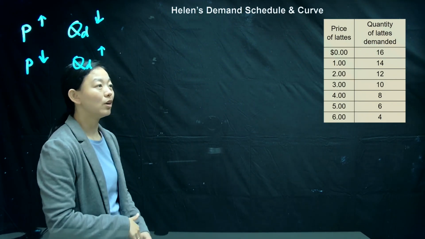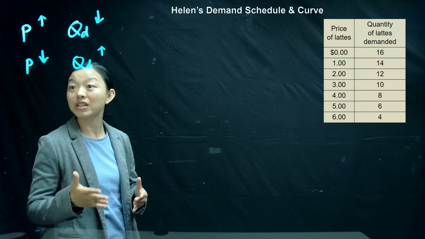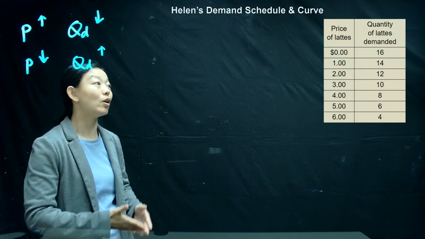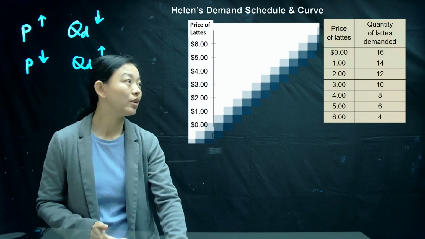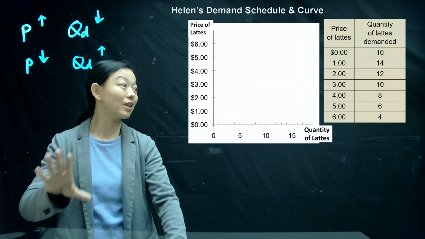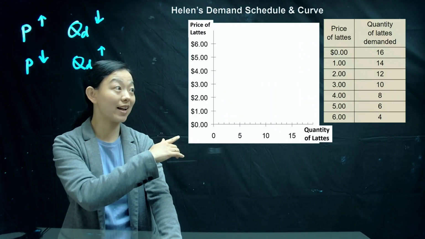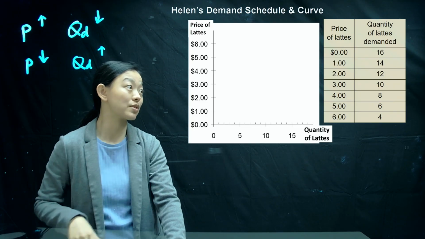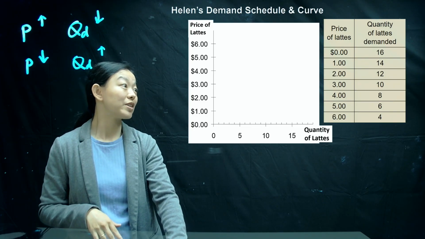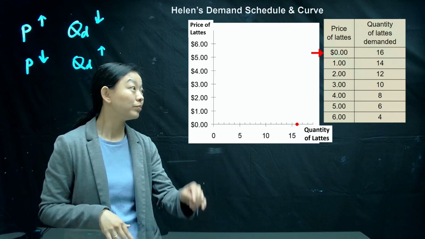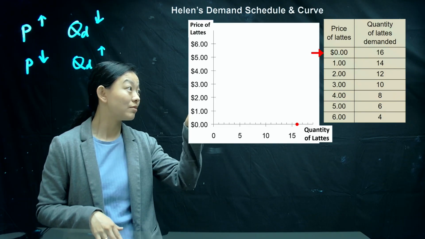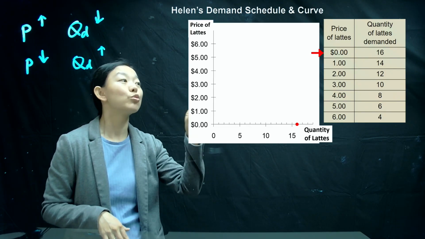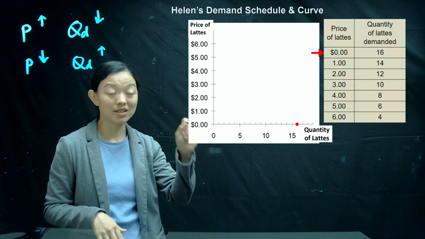And we can also derive the demand curve based on the demand schedule. You can see on this graph, I put the quantity of latte on the horizontal axis and the price of the latte on the vertical axis. For the first point, when the price is zero, quantity demanded of latte for Helen will be 16 units.